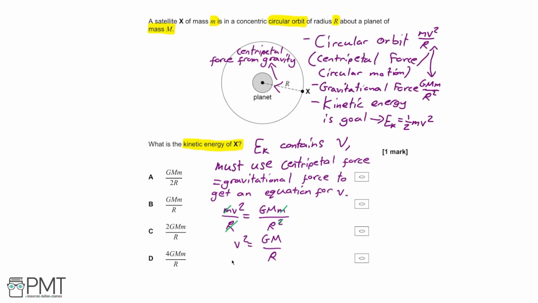From there, we can substitute that into the kinetic energy formula, which gives us a half times m times v squared, which is equal to a half times m times GM divided by r, which, written in a slightly more aesthetically pleasing form, is GMm divided by 2r. Therefore, our answer is A.